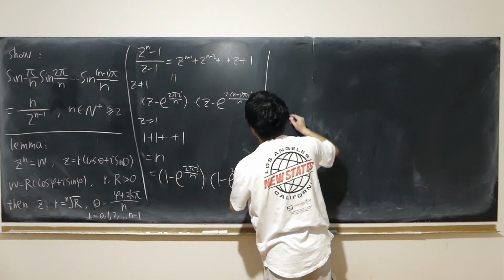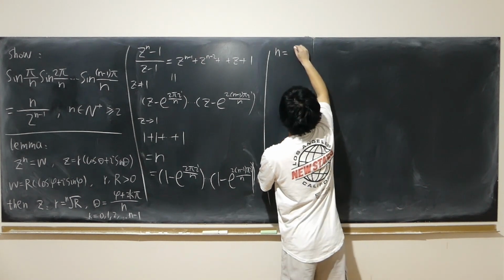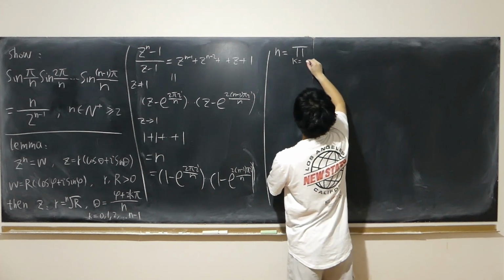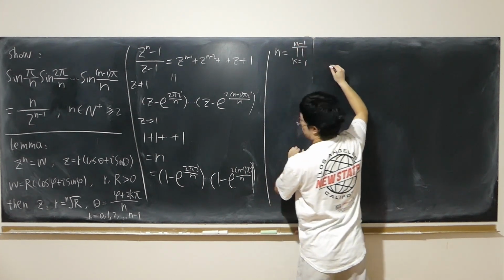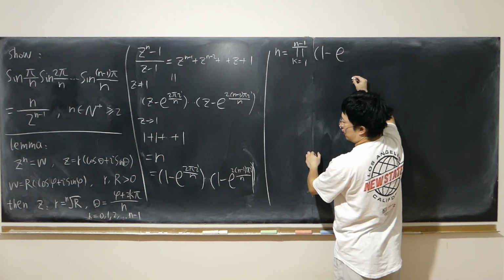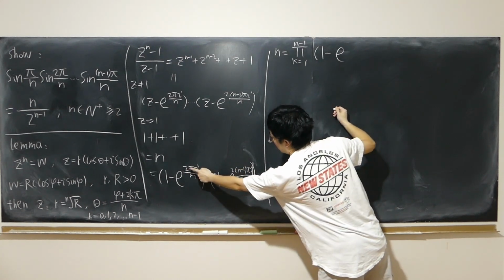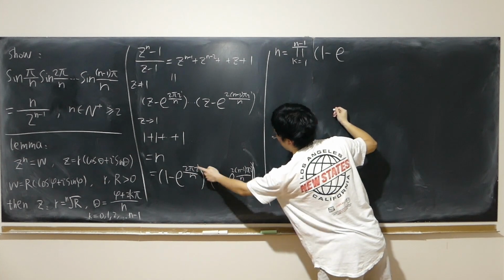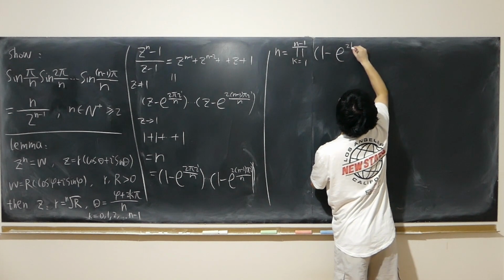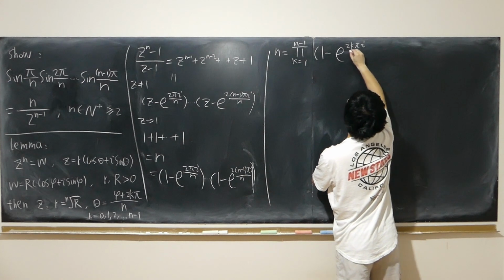So n equals the product where k goes from 1 up to n minus 1 of 1 minus e to the, I always have 2 in front of pi i, so 2 times 1, 2 times 2, 2 times 3, so 2 times k is changing, 2k pi i over n.